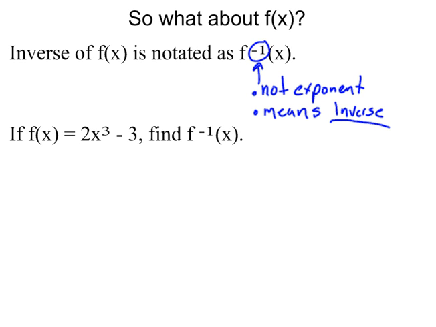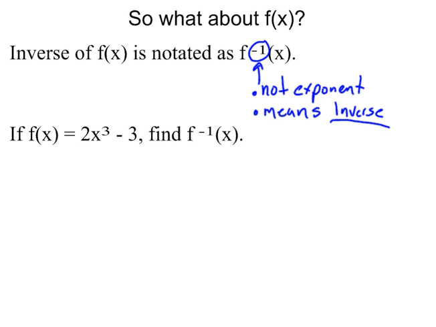So when we want to find an inverse when written in function notation, it's going to be helpful for us to actually put a y in here. I wouldn't want to switch the f of x and the x, doing something wacky like this. This makes no sense because we know that f of x is a notation, it's not a variable.